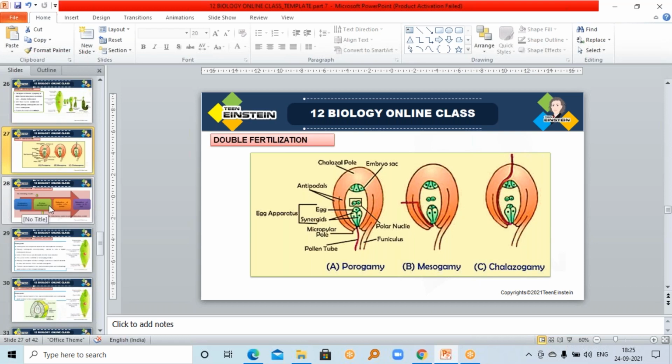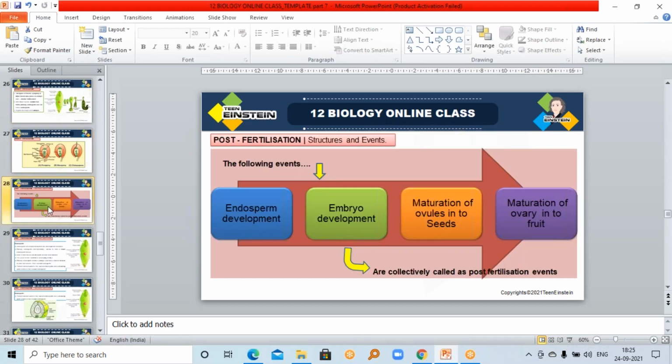Next is... so now we have already covered all parts of fertilization events. Formation of pollen grains we learned. Then the egg cell, how the egg cell is getting formed, all these things we learned. Then fusion of these two. Then formation of zygote.